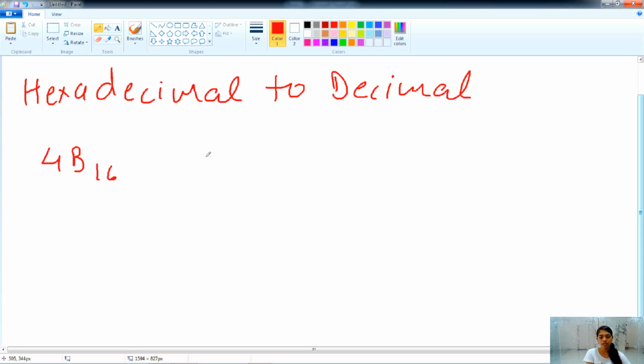Here, for B, the number that is appropriate is 11. So, 4 and 11. Now, 11 into 16 raised to 0 and 4 into 16 raised to 1. We have to add all this.